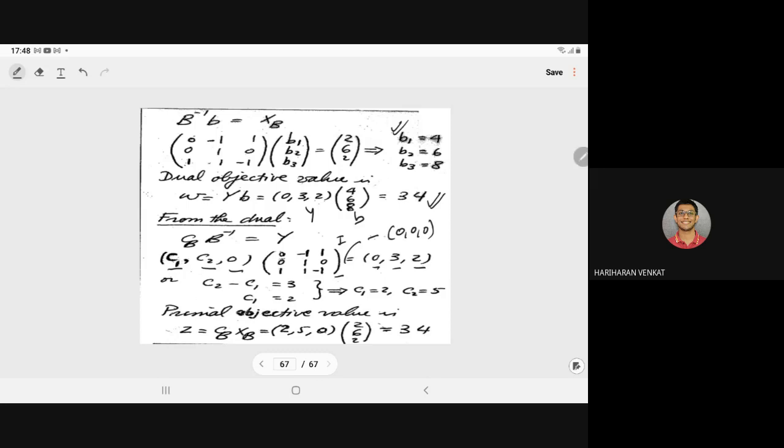So from here you will get C2 minus C1 as 3, and C1 is equal to 2. So it will give you C1 is equal to 2 and C2 is equal to 5. So the solution is Z is equal to CB XB. CB is 2 5 0, XB is 2 6 2, and that gives 34.